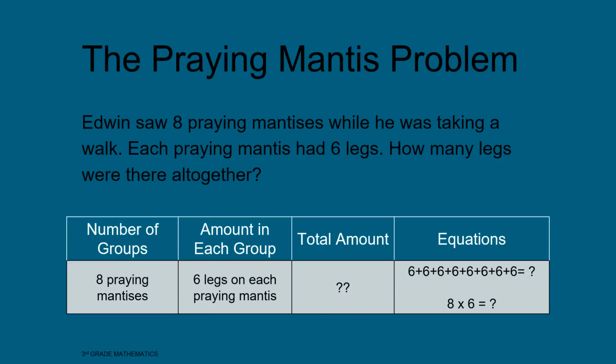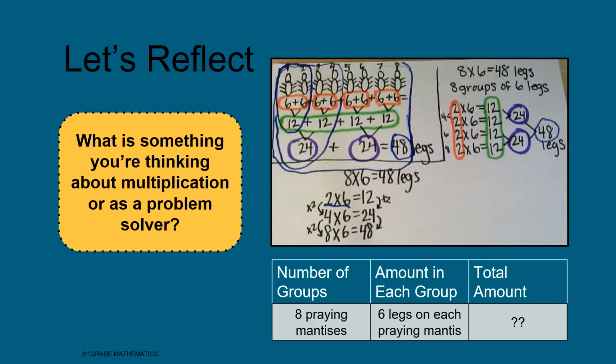The equations that we could have used to solve for the total amount were adding 8 6's or 8 times 6. Today we looked at different strategies for how to solve a problem, and we saw that we could use addition or multiplication. In this problem, we knew the number of groups and the amount in each group, and we had to figure out the total amount.